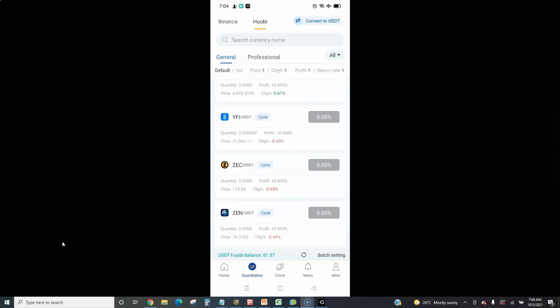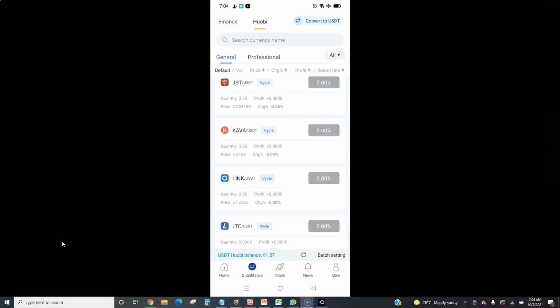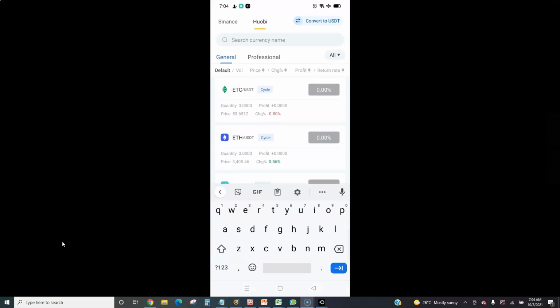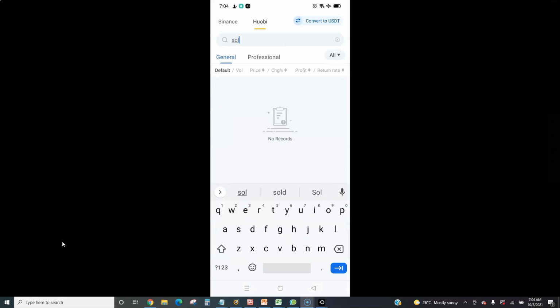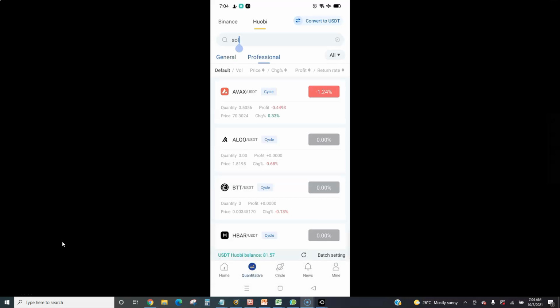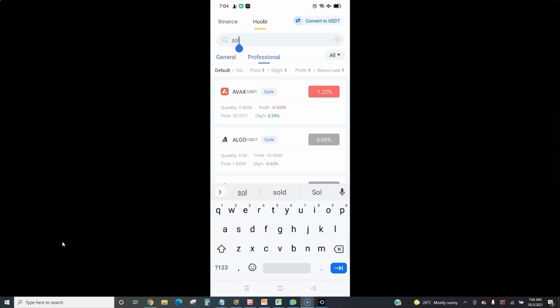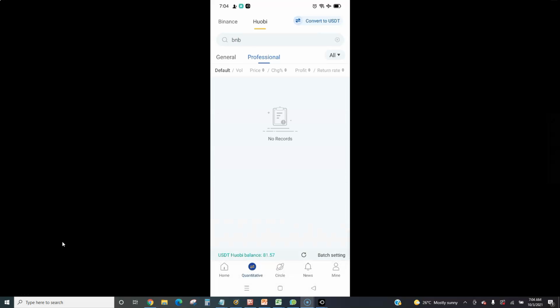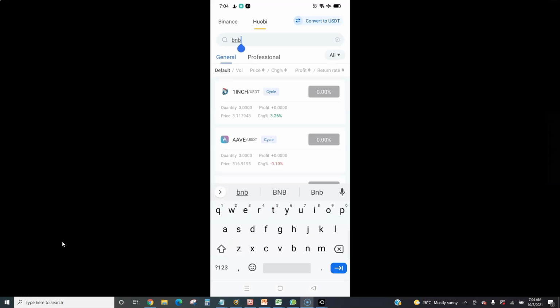So, based on the solid coin that I have here, if I search for SOL, SOL is 0.087. Can trade it. BNB is on general.